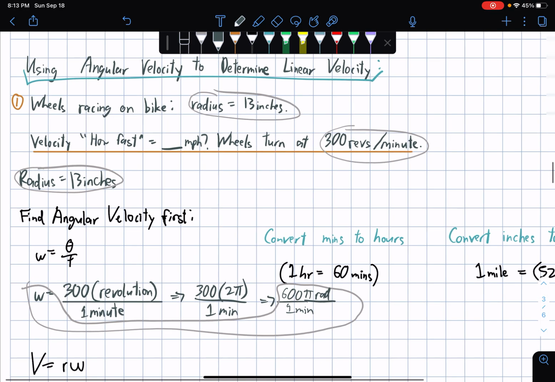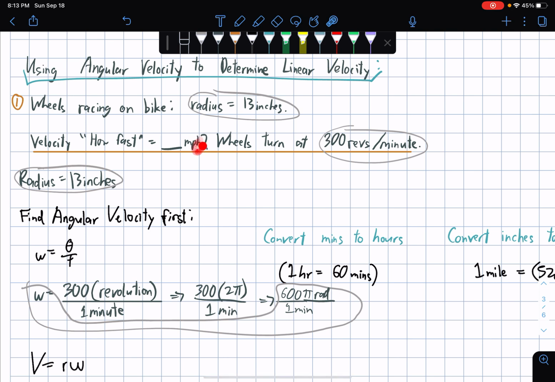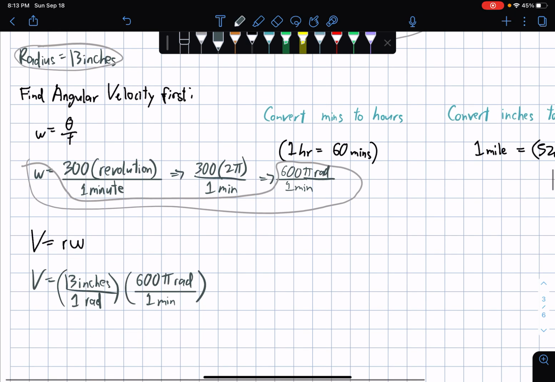Wait, no. The question requires your answer in a specific set of units, miles per hour. Initially, ours is inches per minute, assuming we've already cancelled rad. So we have to turn that into miles per hour.